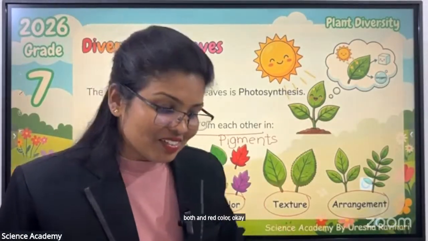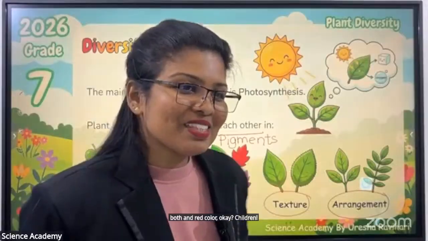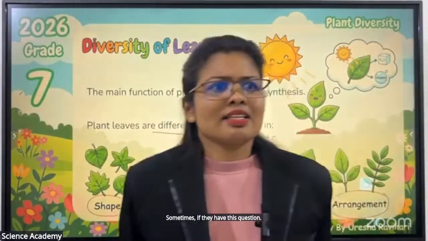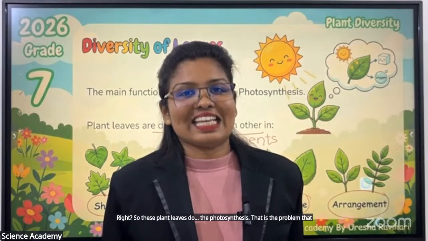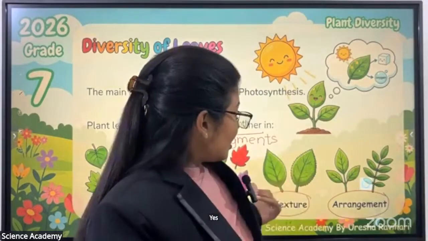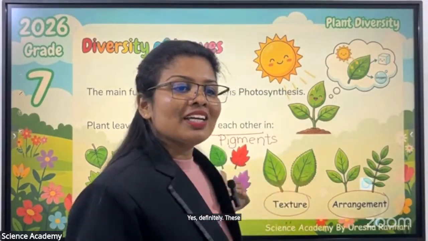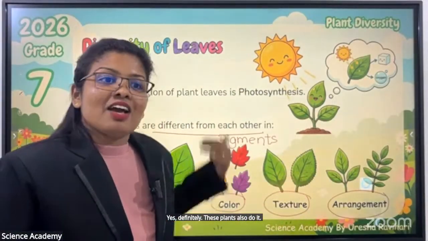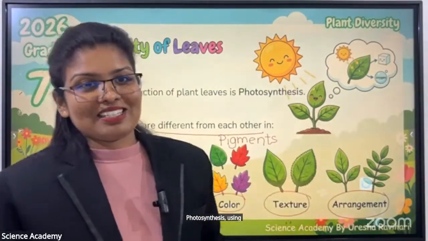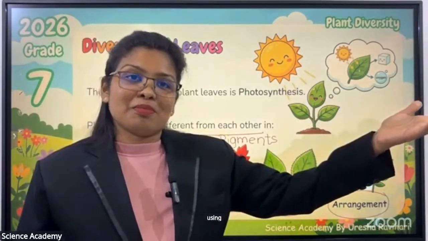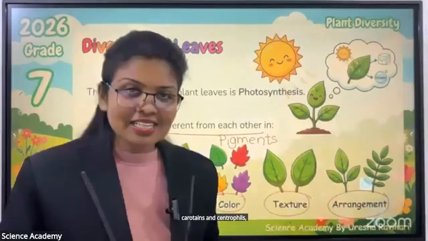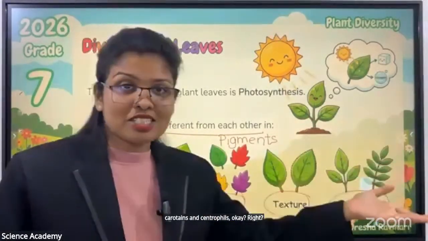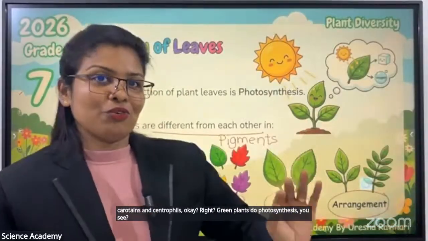Okay, children. Sometimes you may have this question: do these plant leaves do photosynthesis? Yes, definitely, these plants are also doing photosynthesis using their pigments, carotenes and xanthophylls. Green plants do photosynthesis using chlorophyll.